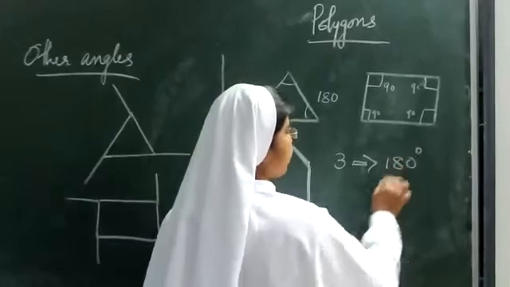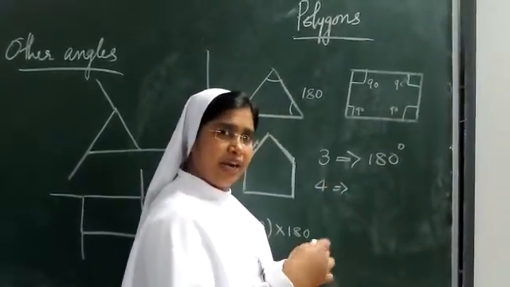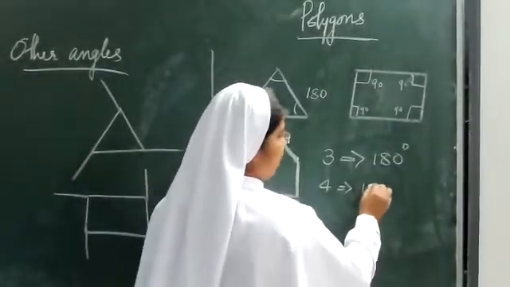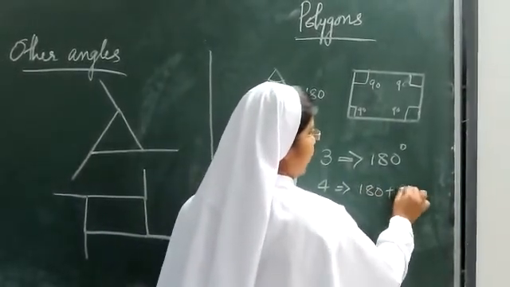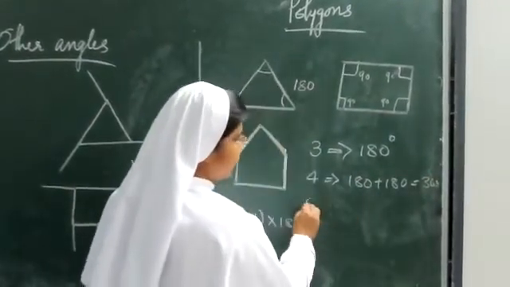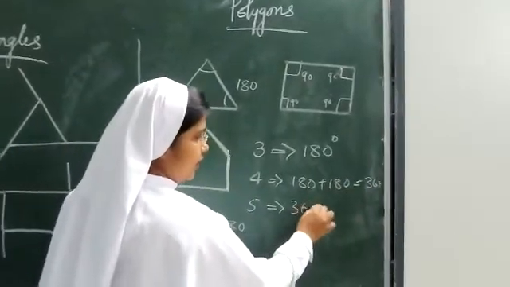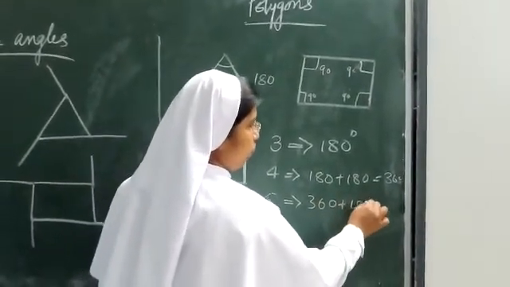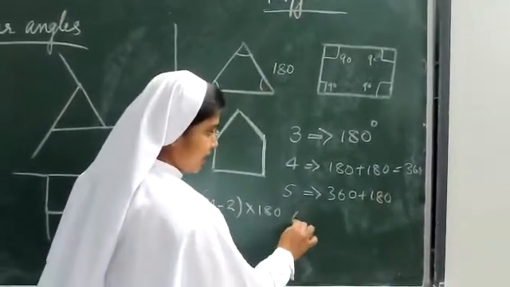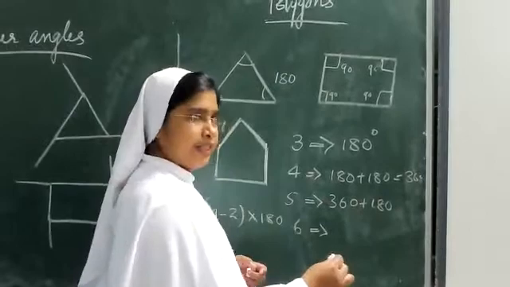So now when 4 sides, how much will it be? Yeah, 4 sides, again add 180 more. So 180 plus 180. How much is it? 360. And 5 sides, how much will it be? We have 360 here. 360 plus 180. Then 6 sides. 360 plus 180 is how much?